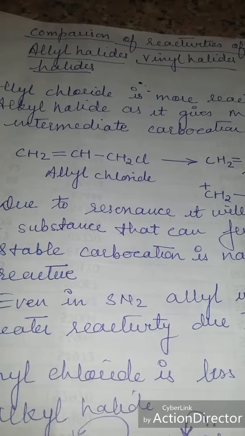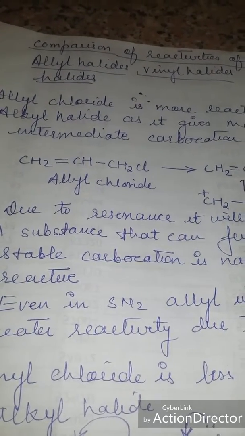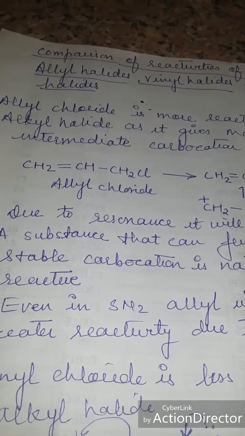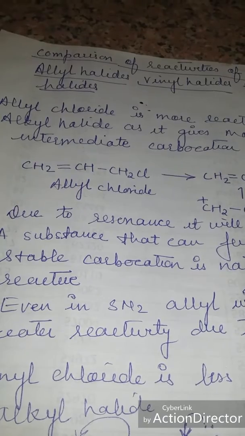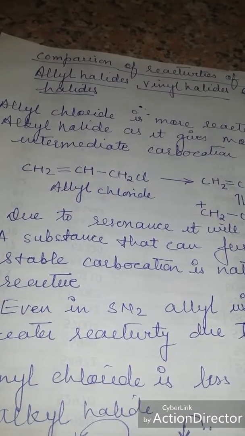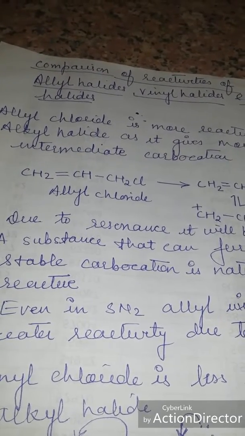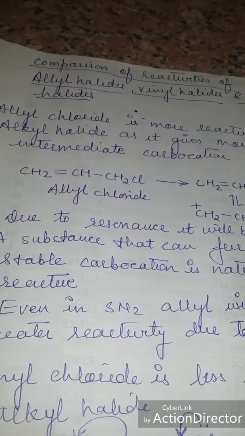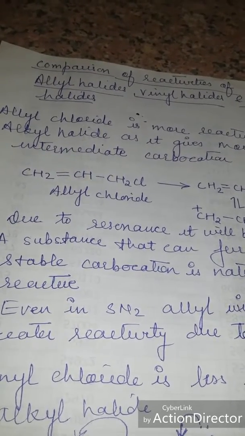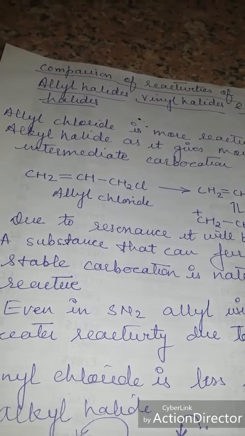Finally, let us compare the reactivities of aryl halide, vinyl halide and alkyl halide. Aryl chloride is more reactive in comparison to alkyl halide, since it gives a more stable intermediate carbocation due to resonance. It will be stabilized and they can further furnish more stable carbocation. So they are more reactive. Even in SN2 reaction, aryl halides will show greater reactivity due to their linear shape.